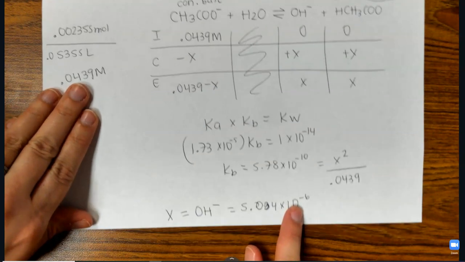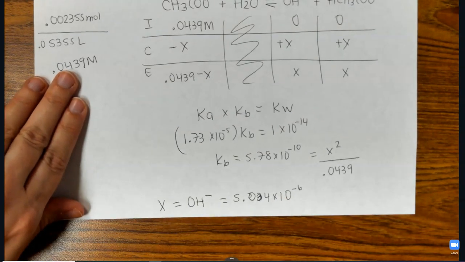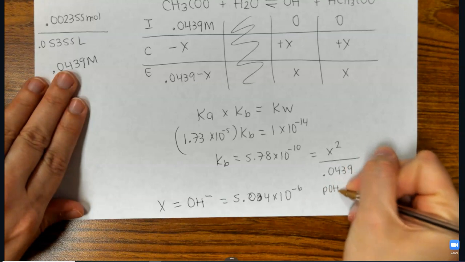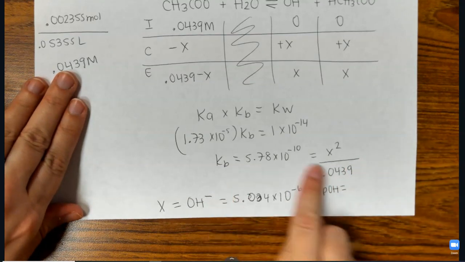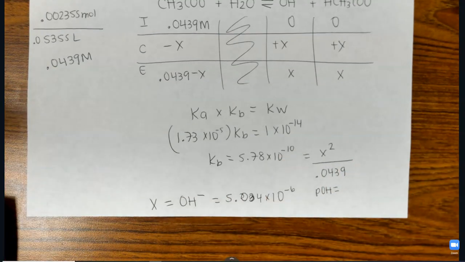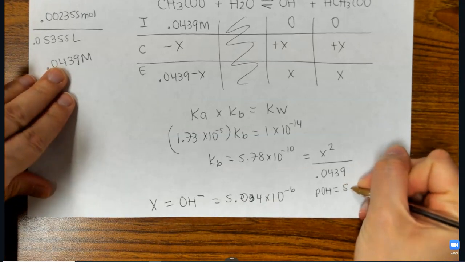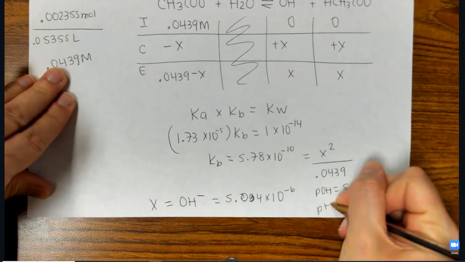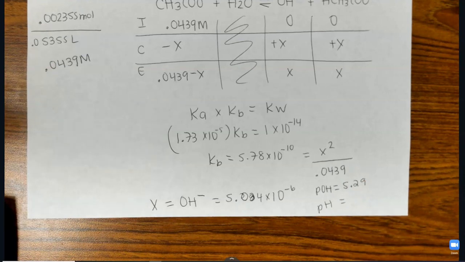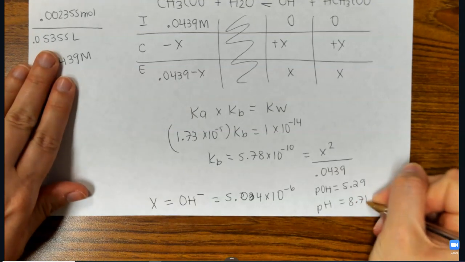Now once you have your concentration of OH, you can't find pH yet, you find pOH by negative logging your OH. Get pOH equals 5.29. pH would then be 14 minus that. And 14 minus 5.29 is 8.71.